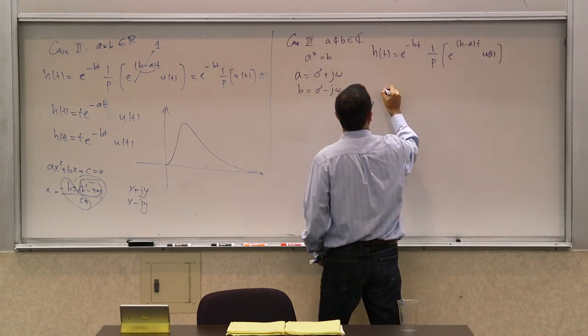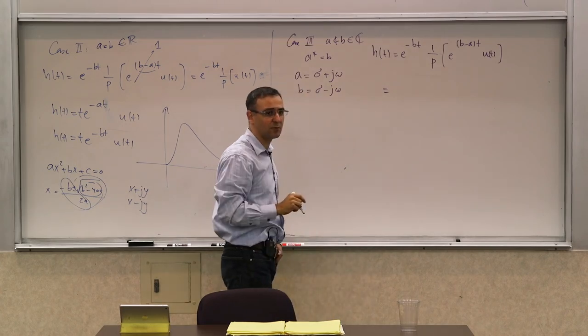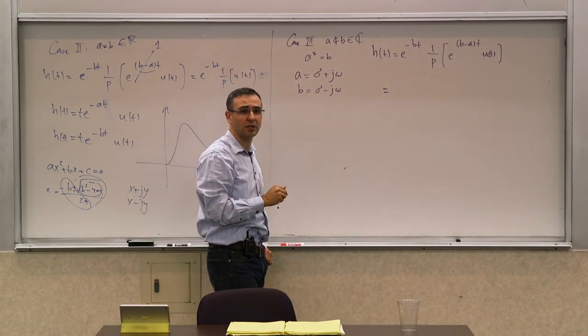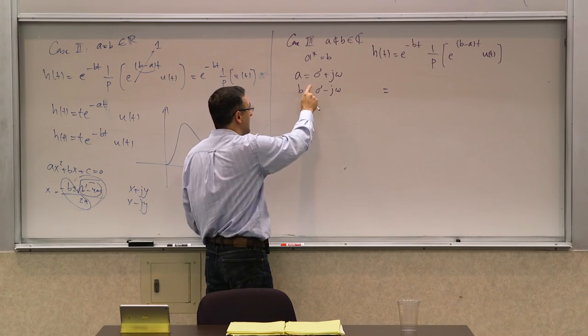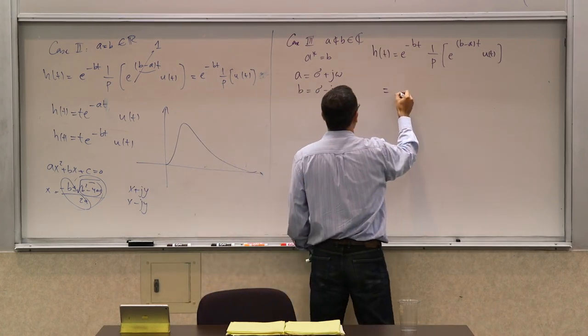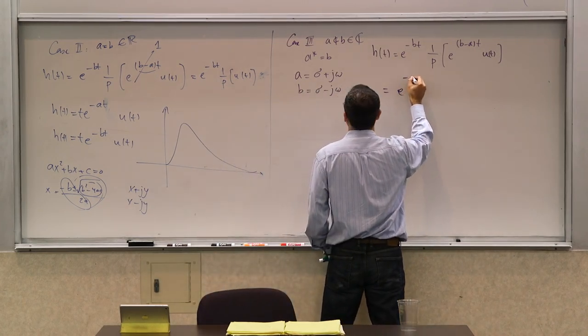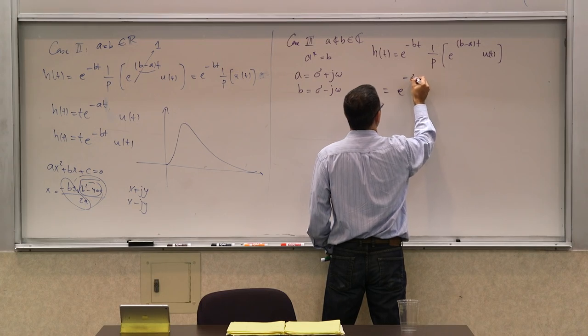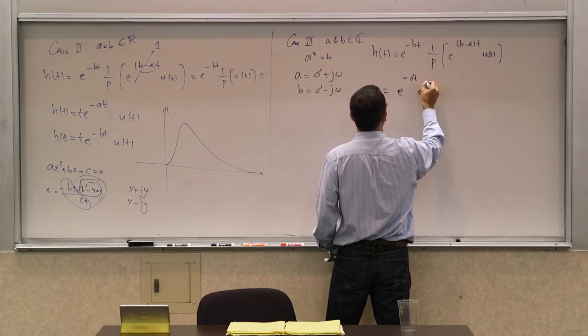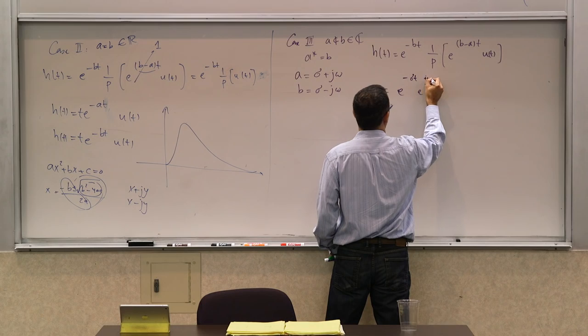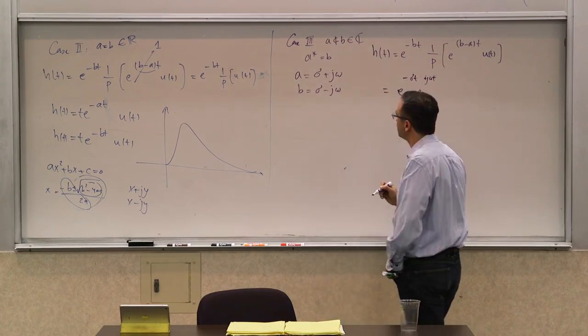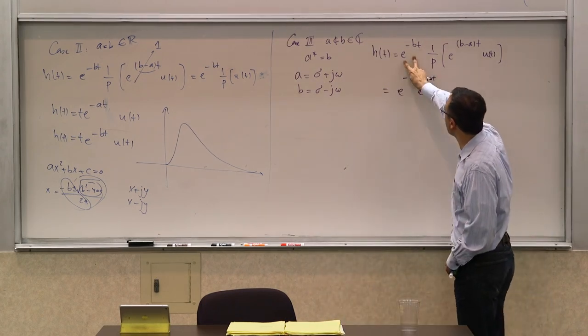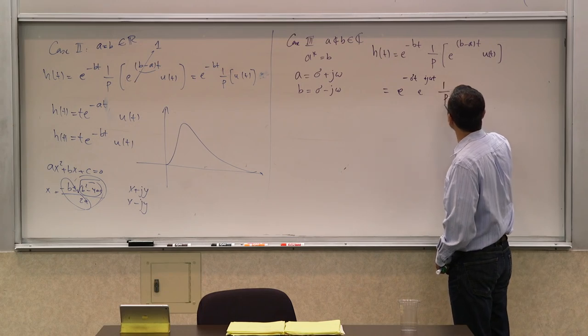So now let's plug them in this form, because this guarantees that they're complex conjugates. So now we write it as e to the negative sigma t times e to the positive j omega t, for that term, 1 over p.